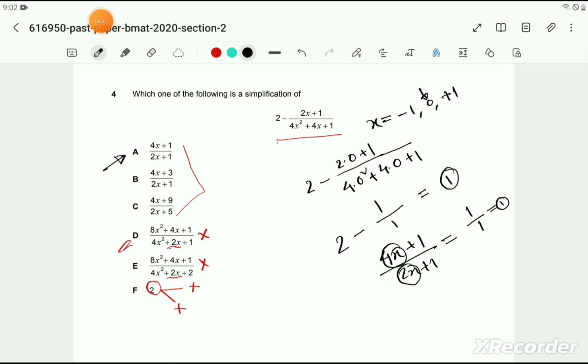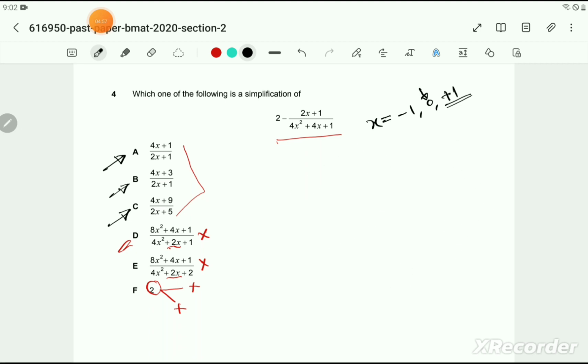Now we can put another value, for example +1, to confirm it. We will not go further, we could put x equal to 0 for B and C also, but it isn't needed, because we already got the equal value. So let's test it further. If we put +1 in the question, what do we get?